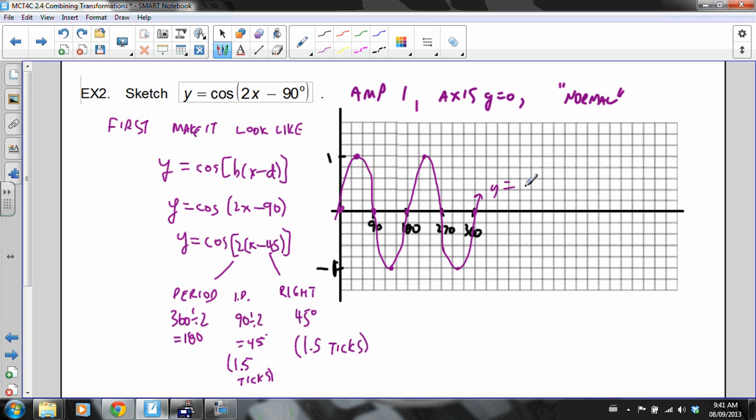Y equals cos, and I'm going to put the original. Just before you run off and start doing homework, one thing I want to point out is this cos graph moved right a little bit.